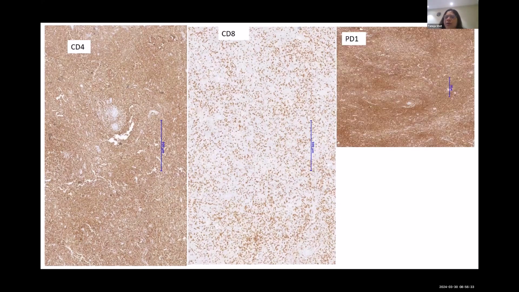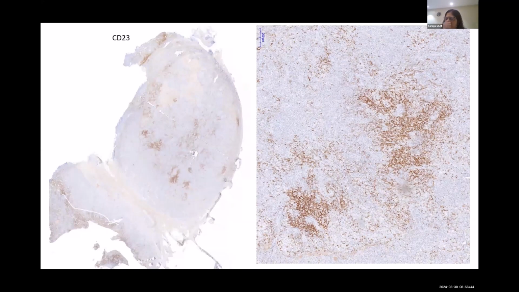I do my follicular markers, PD1, CXCL13, both are strongly positive. This is one of the cases where CXCL13 never works, but it worked. And then I do a dendritic cell marker, because one of the most diagnostic markers for this lymphoma is the presence of extrafollicular dendritic cell expansion.